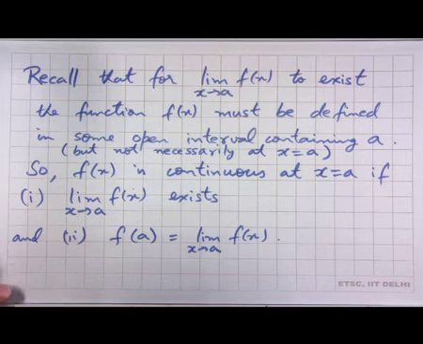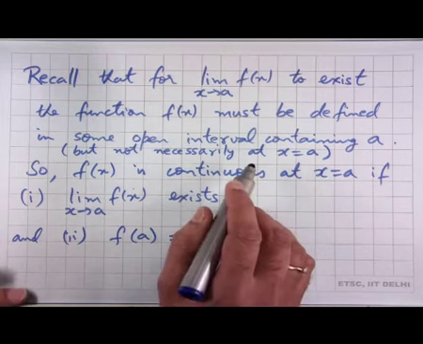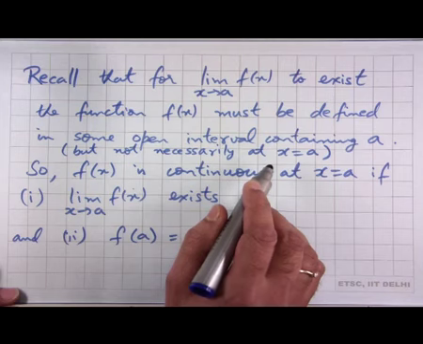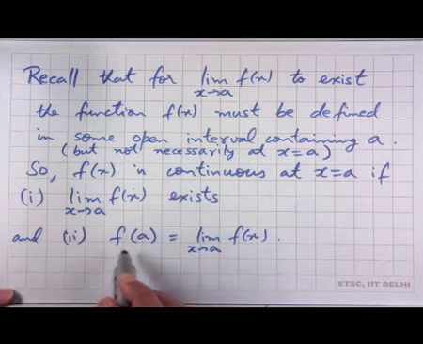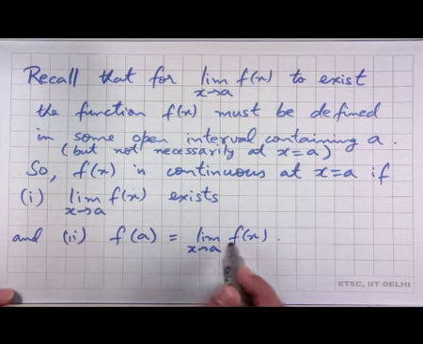So, for the limit we do not require the function to be defined at x equal to A, but the continuity definition is that the value of the function at A must be equal to the limit.